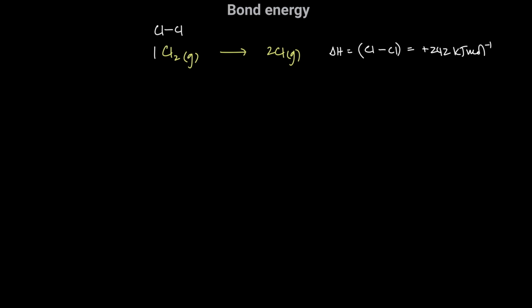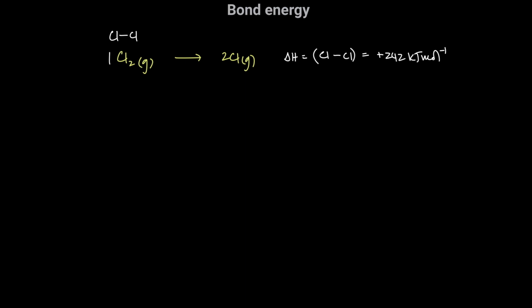On the other hand, if I had bromine liquid, and from bromine liquid I was making gaseous bromine atoms, in this case the enthalpy change of this process is not the Br-Br bond energy, because bromine is not in the gaseous state.